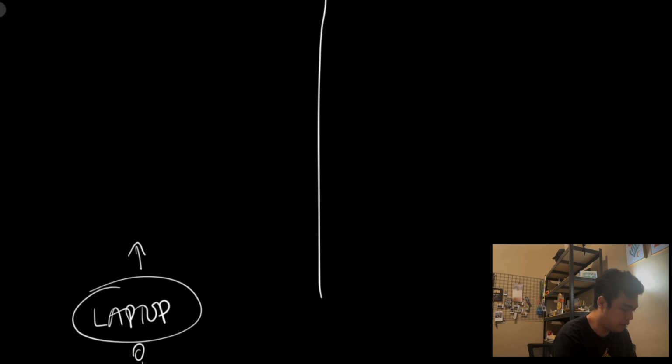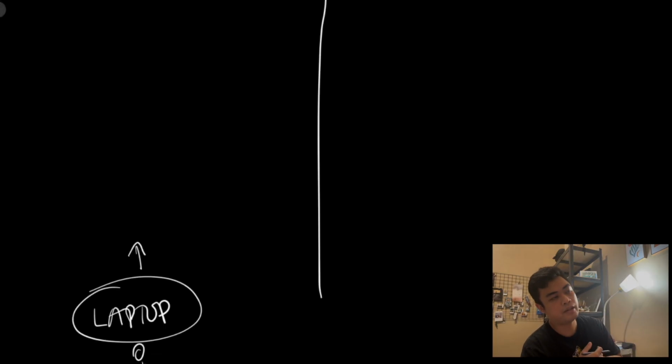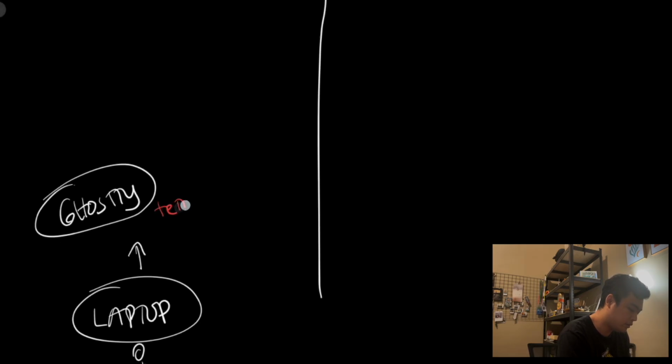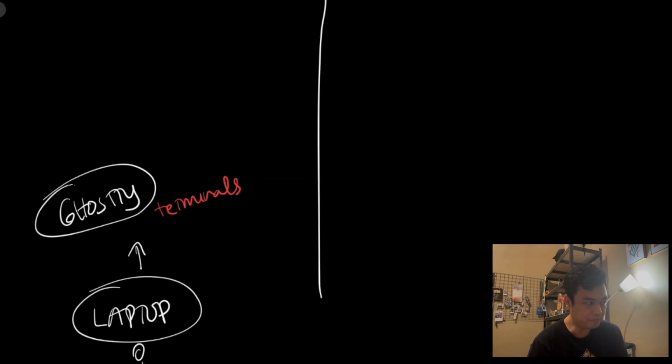So most of the time my AI runs on terminals within the app called Ghostty. So Ghostty, this is terminals. I think it only runs on Mac, so I'm not sure about that. You can check it out.